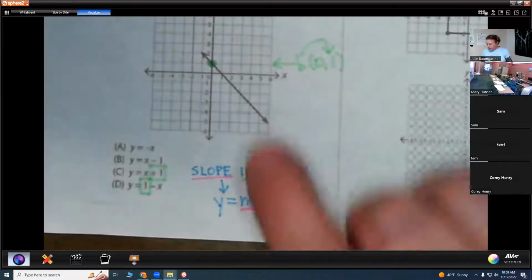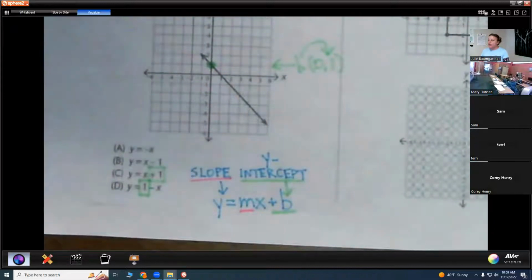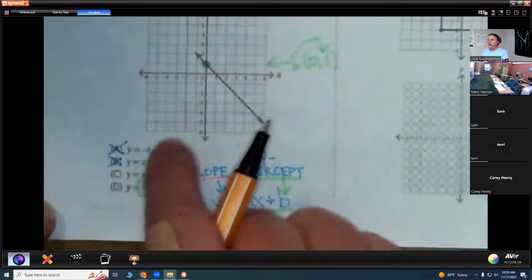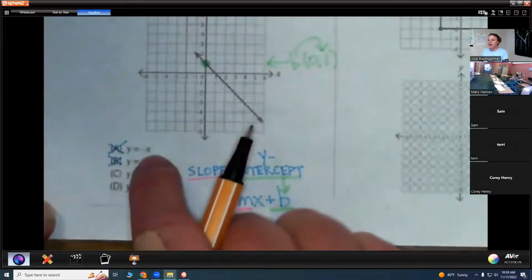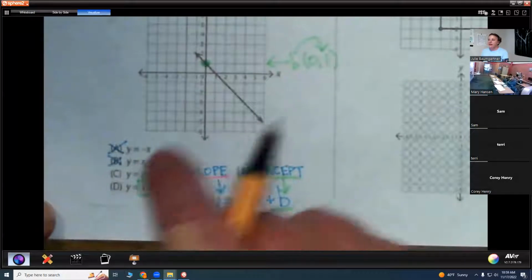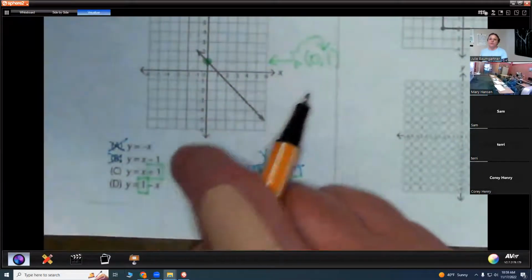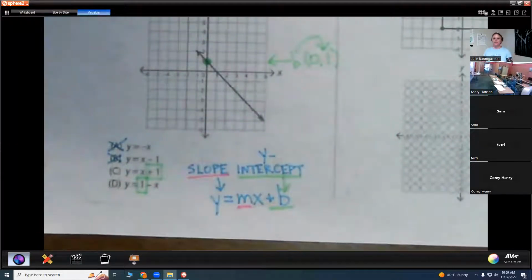But so we know that A and B are not the answers because there's nothing hanging out over here and we just have negative x, then that means B is 0. And it's kind of silly to say y equals negative x plus 0 because plus 0 doesn't really tell us much.